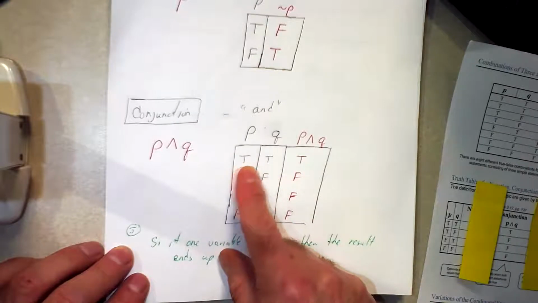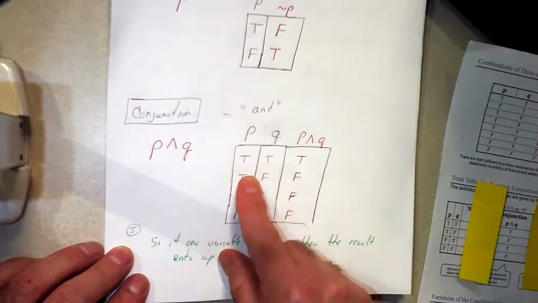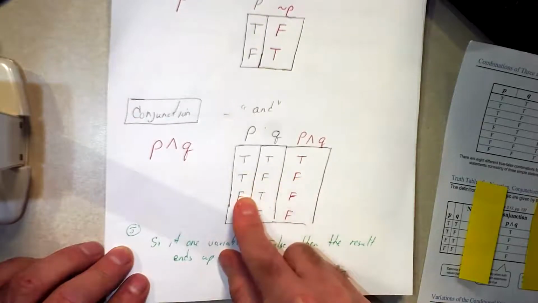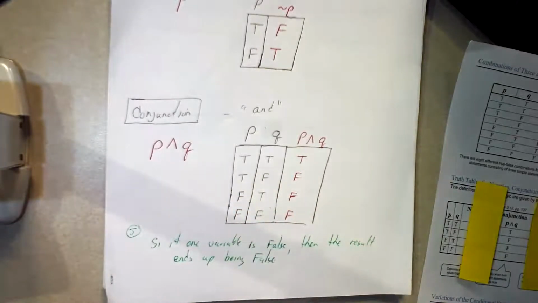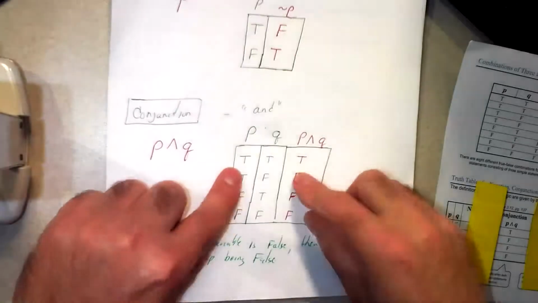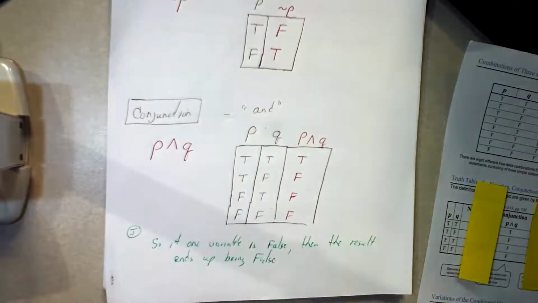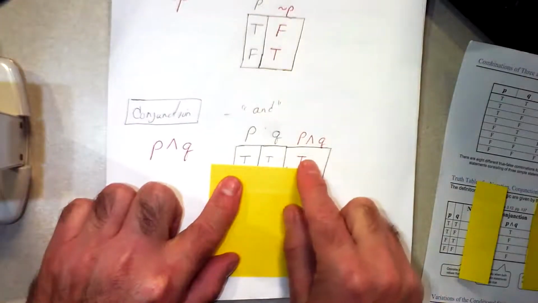There's no false in both of those, so that's true. This one has at least one false in this row, so it's false. This one has at least one false, false. Right? So that's how you remember. You've got to do it row by row. So true, true, true is true.